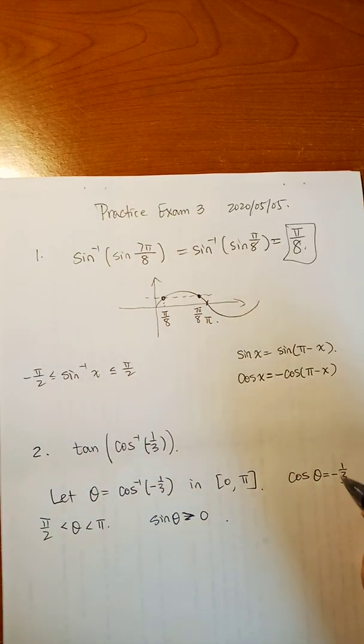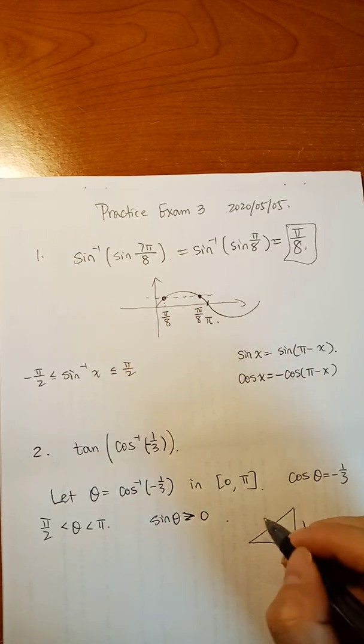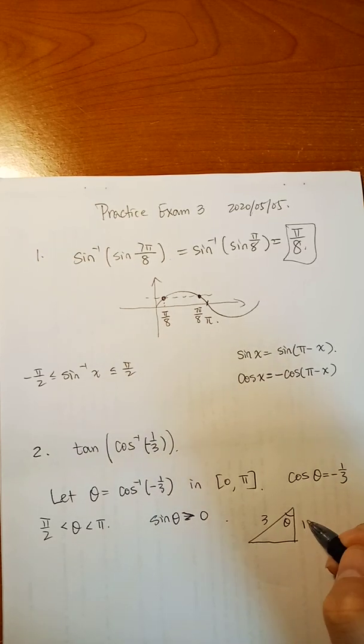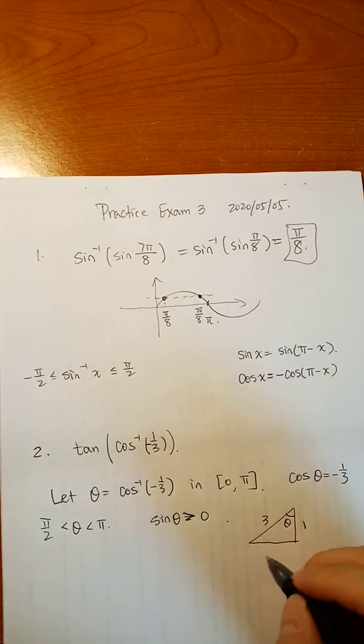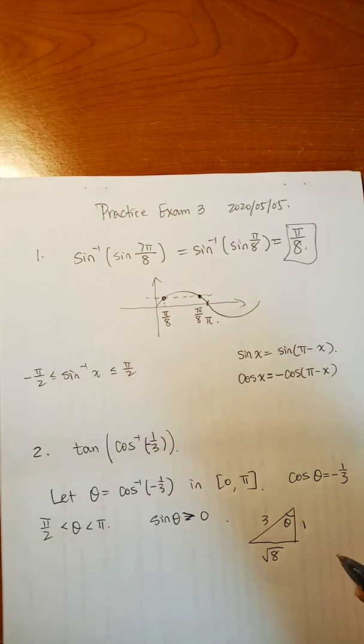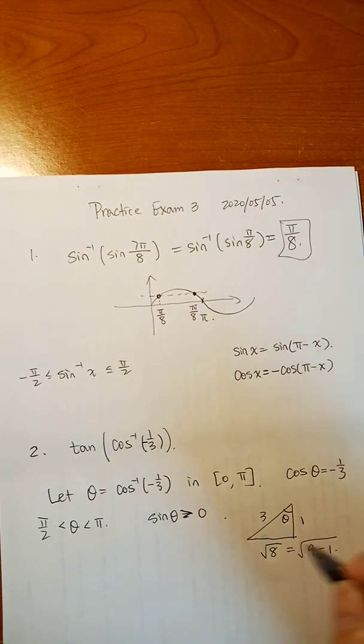Now we apply the triangle with 1, 3, and theta, cosine is adjacent over hypotenuse. By the Pythagorean theorem, the opposite side is the square root of 3 squared minus 1, which is the square root of 8.